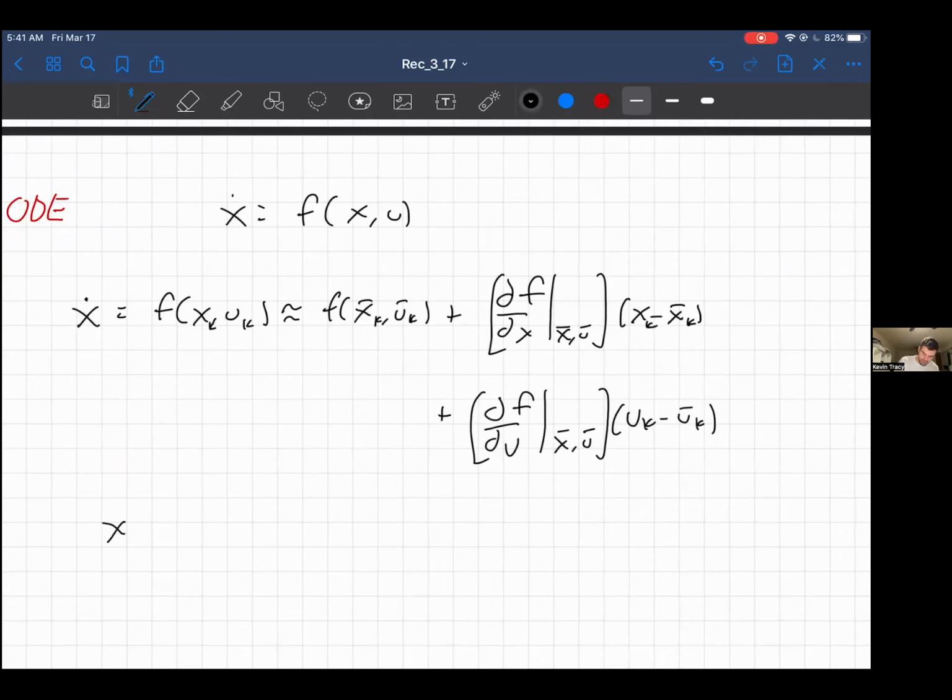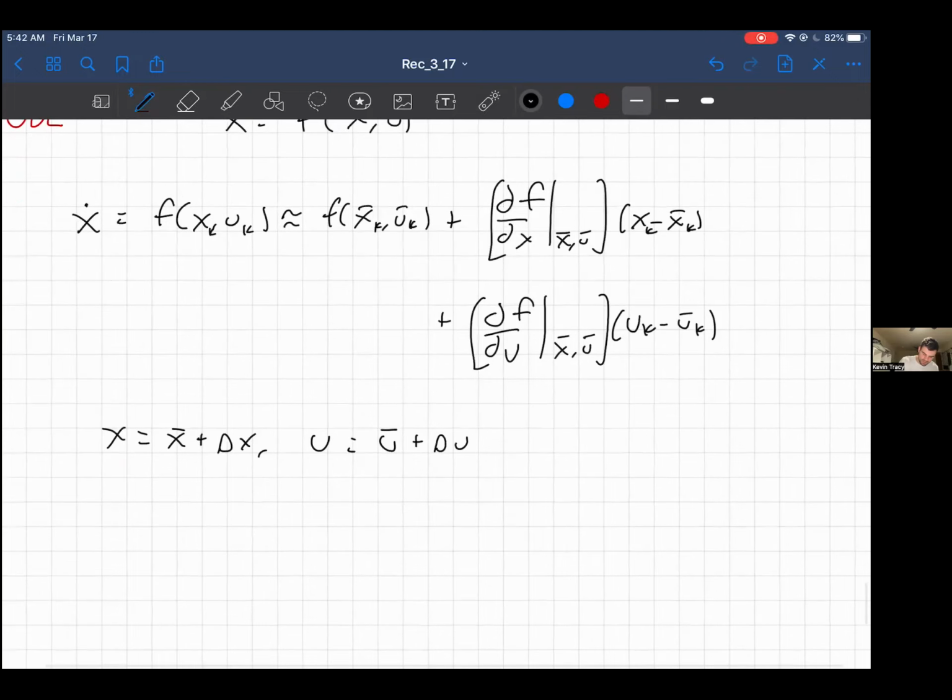And again, I can just do the deltas. I can do x equals x bar plus delta x, u equals u bar plus delta u. And what I see is I get this x bar dot plus delta x dot. And this is going to be 0, right? Because my x bar is not changing. Just assume that this linearization point is fixed.